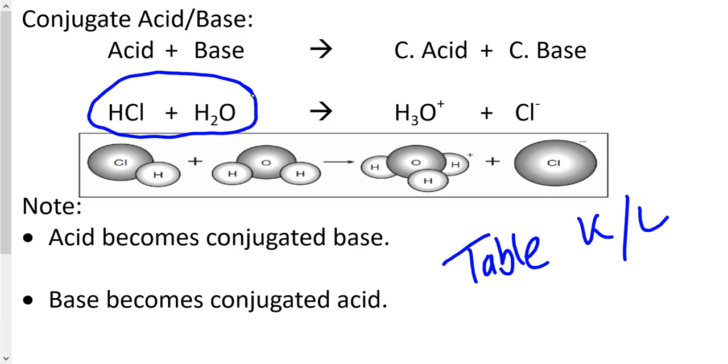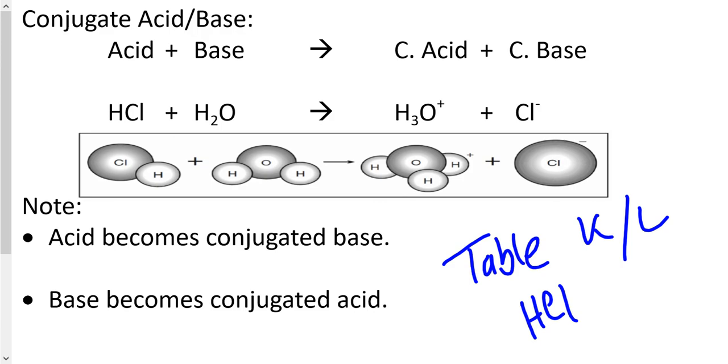If you look at reference table K, you will find HCl. And that's your acid because the reference table says common acid. So if HCl is an acid, then water has to be a base in this case, right? Because it's an acid-base reaction.